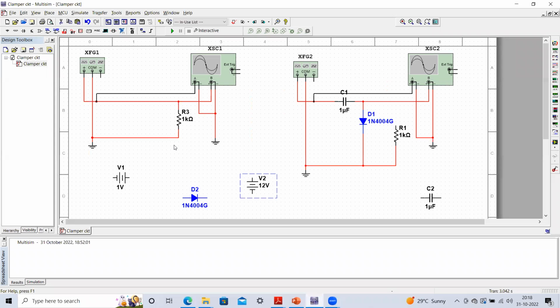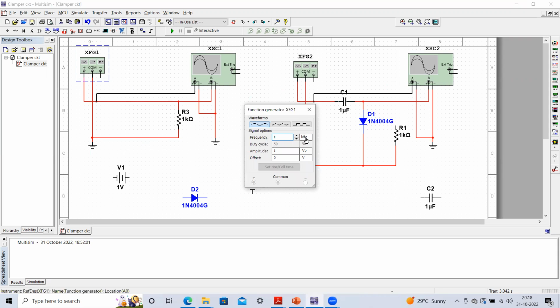First, try to understand this particular output. Here I am making a simple circuit in which we have taken just a 1 kilo ohm resistor, and I'm applying a sinusoidal wave of 1 kilohertz. The peak value is 1 volt, so its peak to peak value is 2 volt.